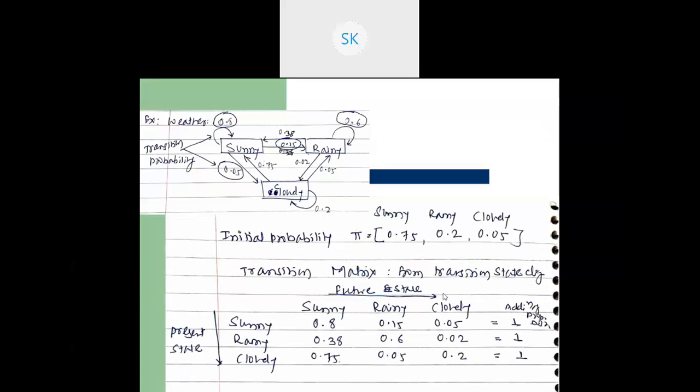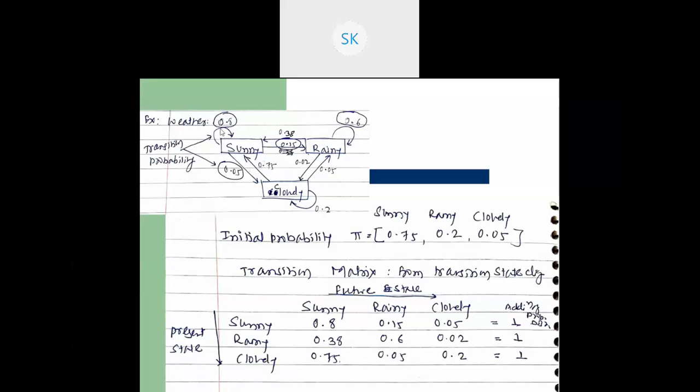Now, the transition matrix. Let's begin with the problem statement and the data we need, that is the initial probability, denoted by pi. So the initial probabilities are 0.75 for sunny weather, 0.2 for rainy, and 0.05 for cloudy. This data is given.